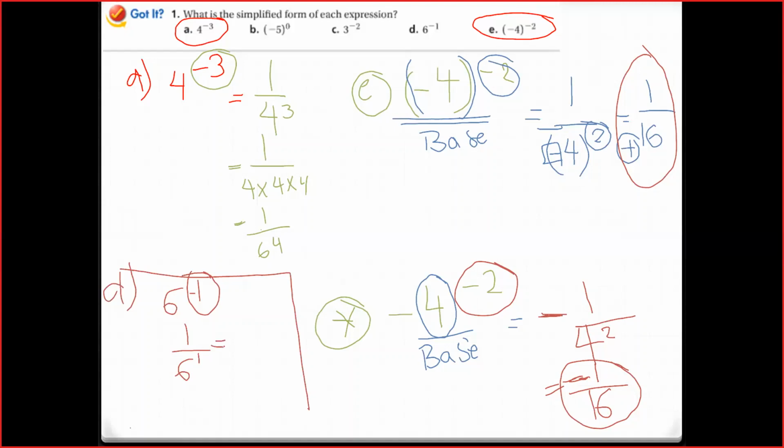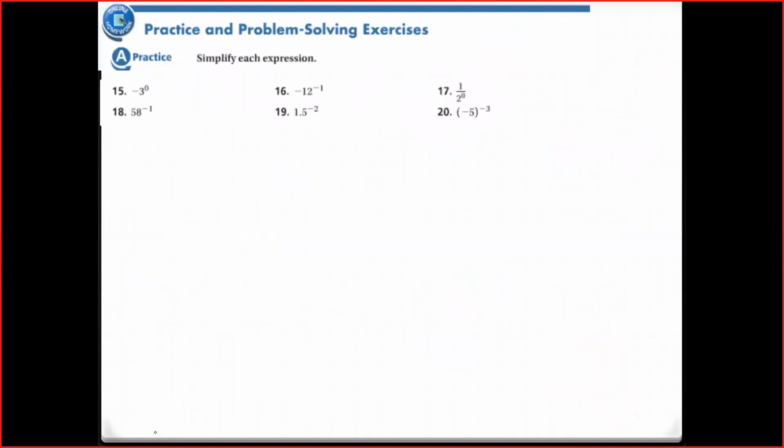So it will be 1 over 6. Okay. Now here we have to simplify each expression. Can I have a time? Wait a minute, please.